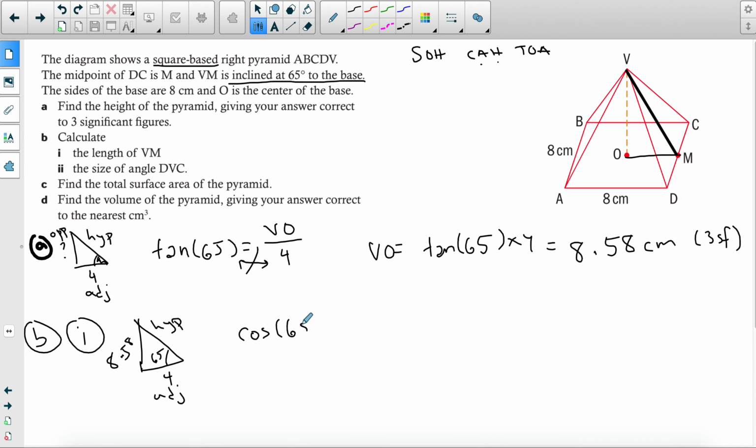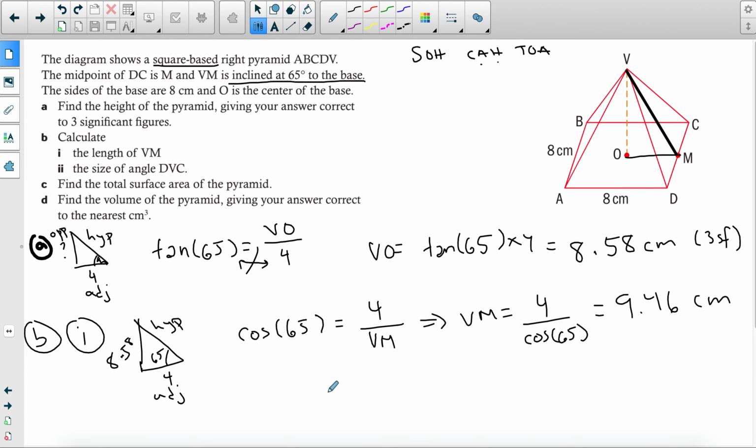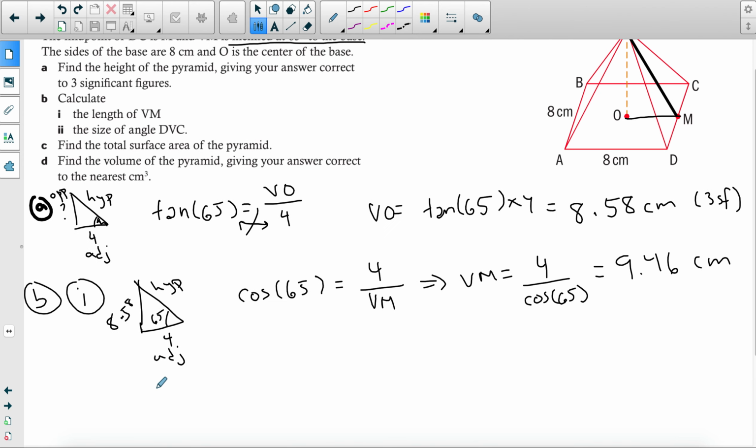So cos of 65 is the adjacent, 4, divided by the hypotenuse, which we're missing as VM. And so VM is equal to 4 divided by cos 65, which is 9.46 centimeters. That's going to be useful for us later on. So that's 9.46, and this was 8.58.